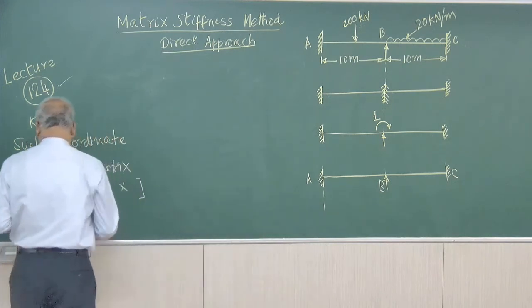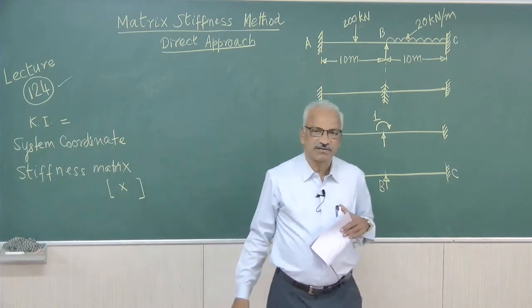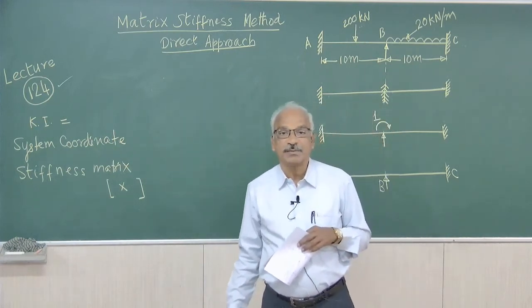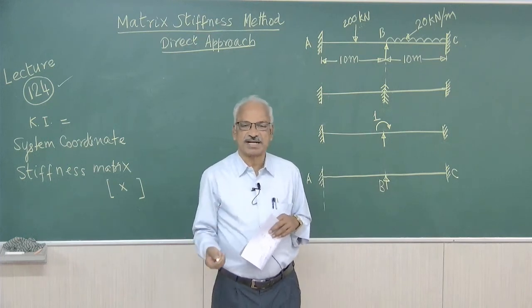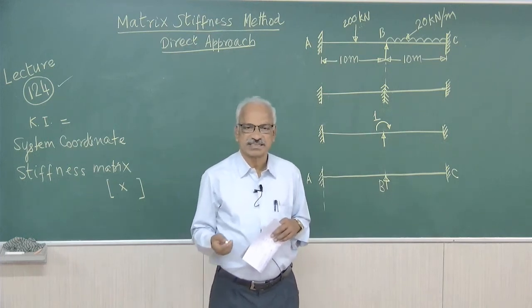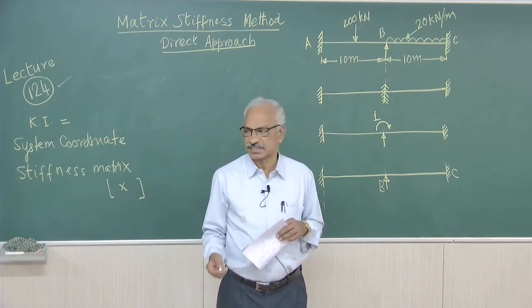When we do a problem on the matrix stiffness method, we first have to find out the kinematic indeterminacy of the structure, because the size of the stiffness matrix, or system stiffness matrix, is decided by the degree of kinematic indeterminacy.